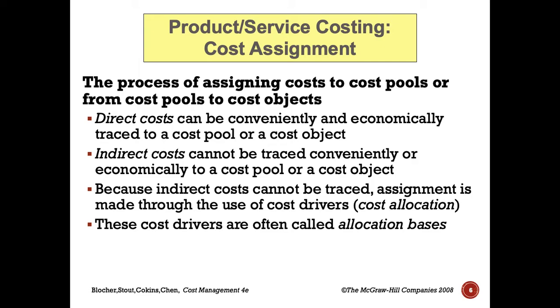Any cost is either a direct or indirect cost relative to the cost pool or cost object. Direct costs can be conveniently and economically traced to a cost pool or a cost object. For example, the cost of materials required for a particular product is a direct cost because it can be traced directly to the product.